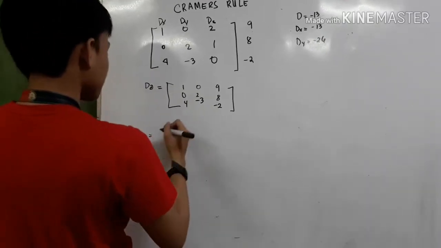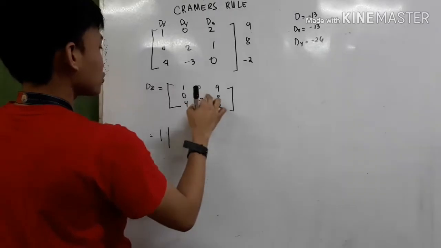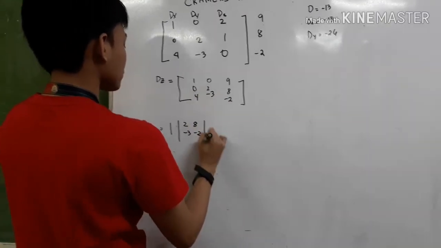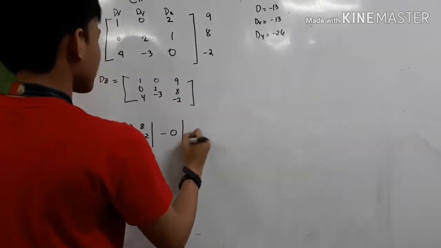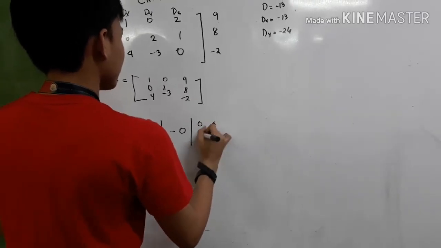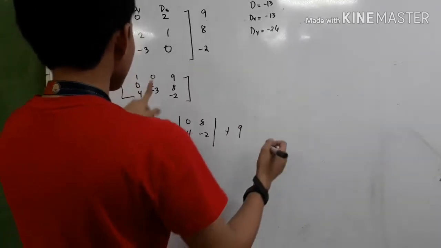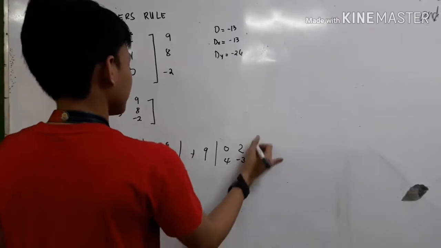Then again, as we all know, 1 times the matrix 2, 8, negative 3, negative 2. Then minus 0, then the matrix 0, 8, 4, negative 2, plus 9 times the matrix 0, 2, 4, negative 3.